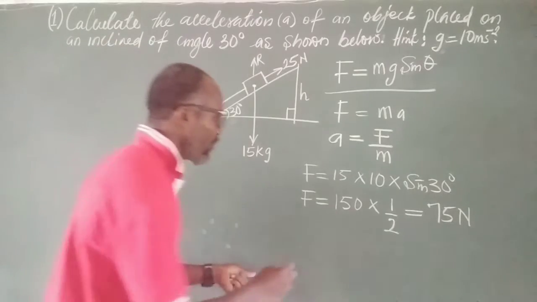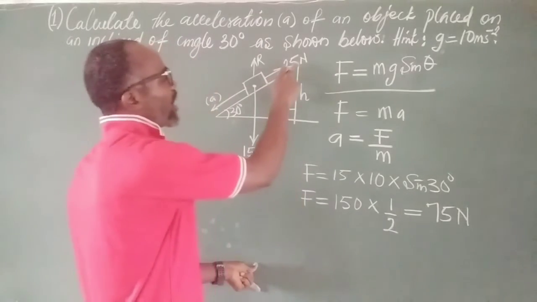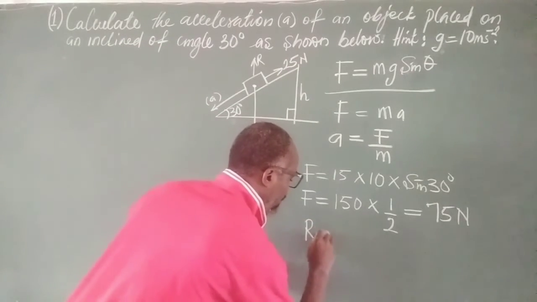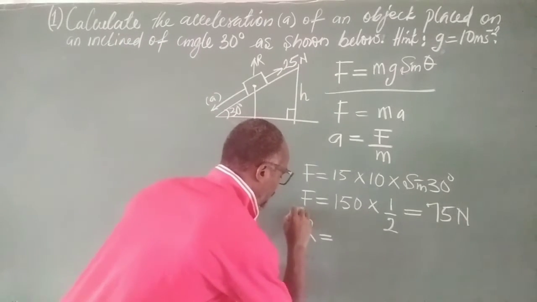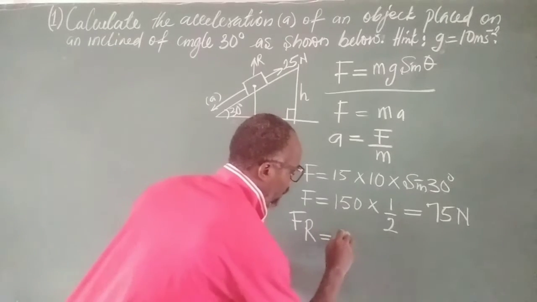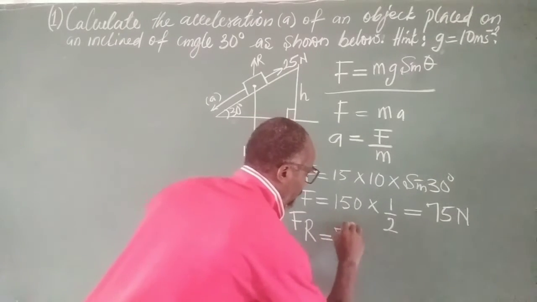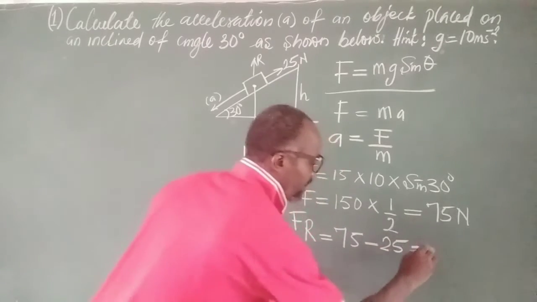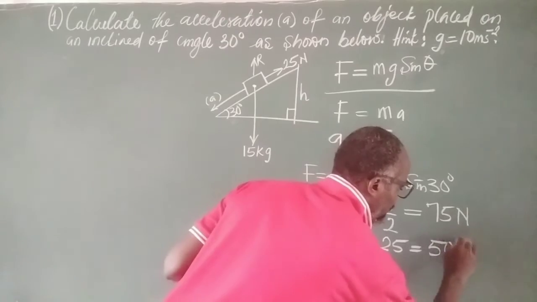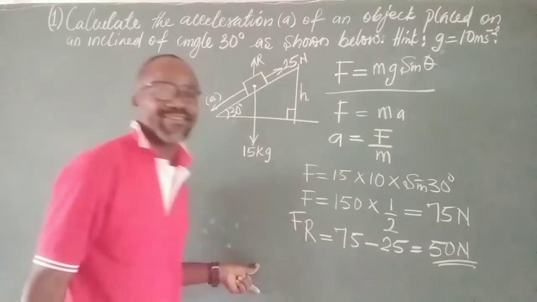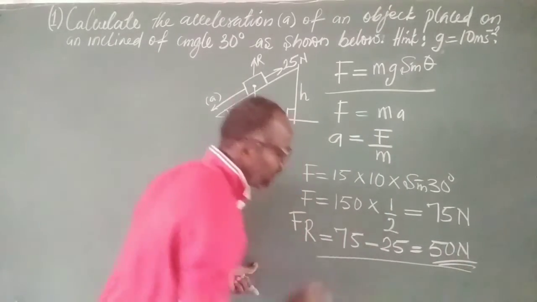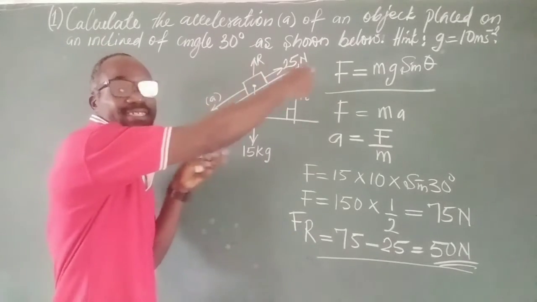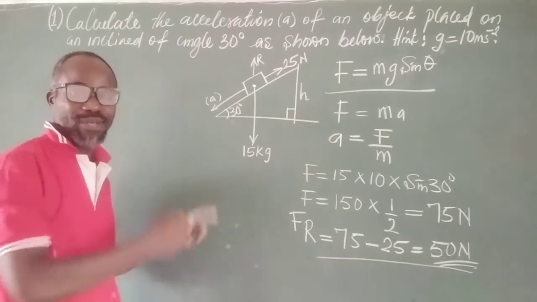Then the resultant force. Remember we have this opposing force, 25 Newton. So the resultant force, we can put it F_R, is equal to 75 minus 25, and this gives 50 Newton. So we have found the total force acting on the object as it slides down the inclined plane.